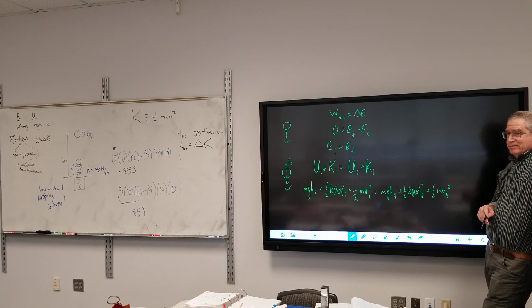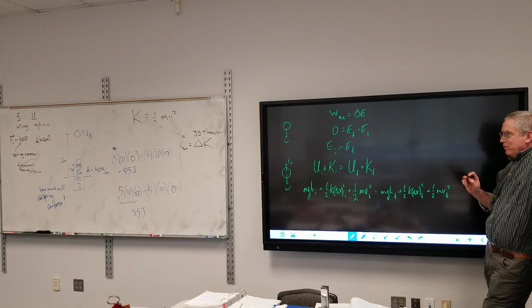Is the mass 0? Is the acceleration due to gravity 0?